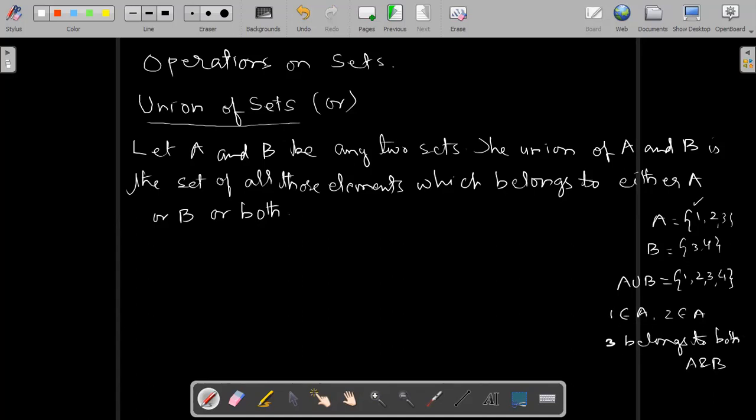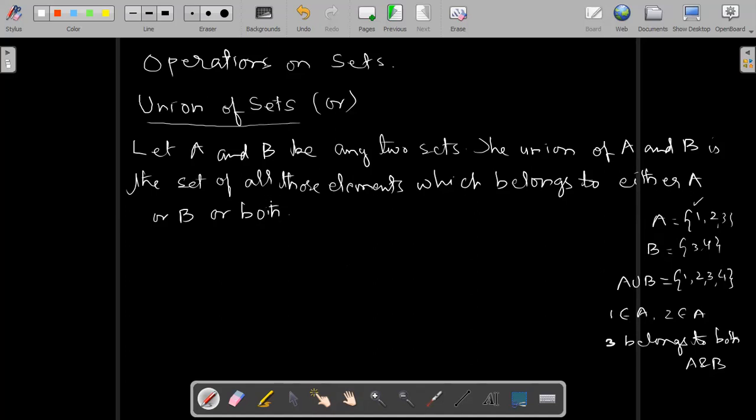If they have a common element, then some elements will belong to both. If A is a superset of B, then all will belong to A. If they don't have a common element, then some elements will belong to A or B.